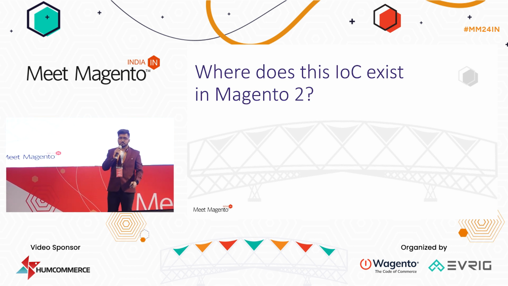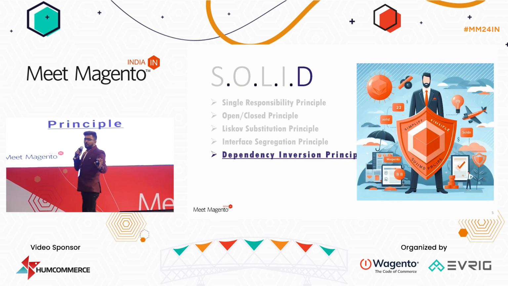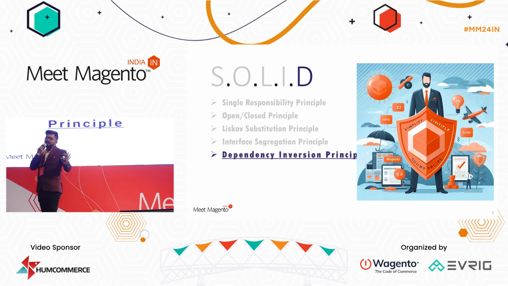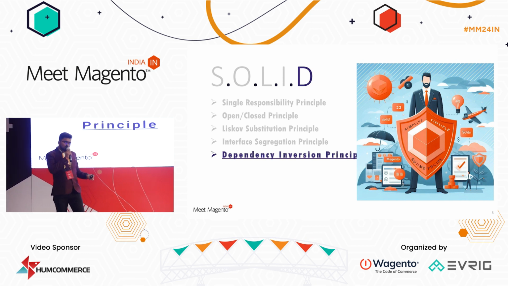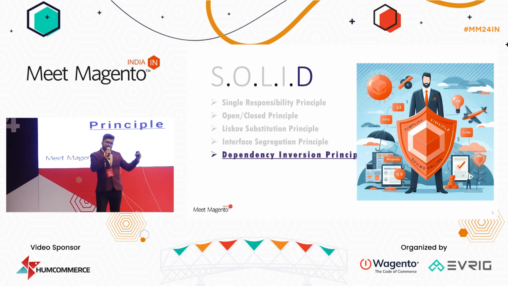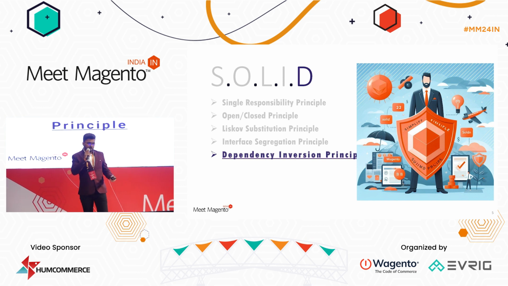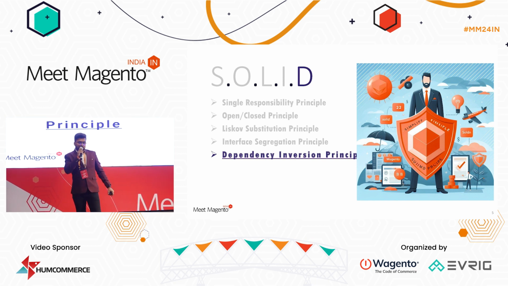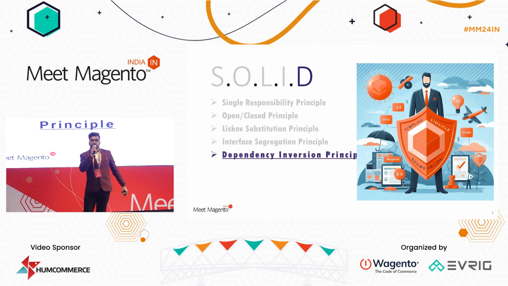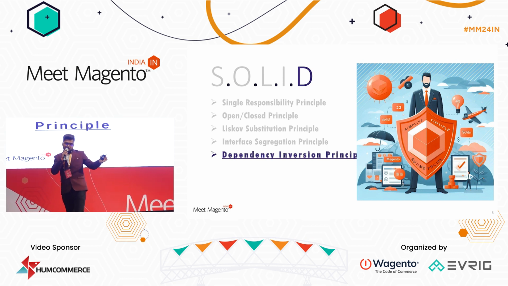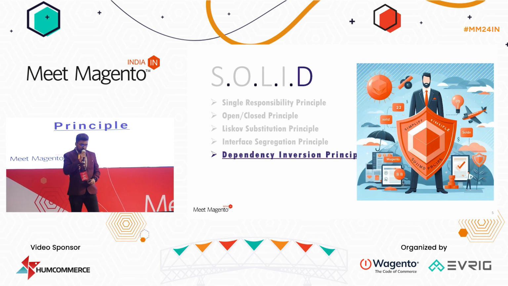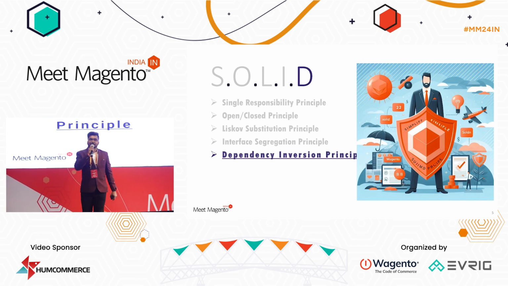Anyone knows? So we all know that we follow the SOLID principles, right? A few of them: the single responsibility principle, which we use in the controller, then the open-closed principle, then the Liskov substitution principle, then the interface segregation principle, and D, which is my topic today, the dependency inversion principle.